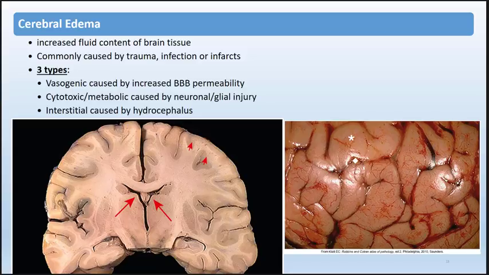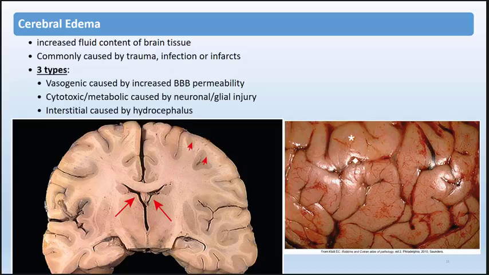So let's talk now about cerebral edema. Cerebral edema in itself, even though we're talking about it as a separate concept from increased intracranial pressure, can lead to increases in intracranial pressure, but not necessarily. Cerebral edema can be a condition on its own. Cerebral edema is an increase in fluid content of brain tissue, and of course, if it's not adjusted for, that's where it increases pressure in a concerning way.